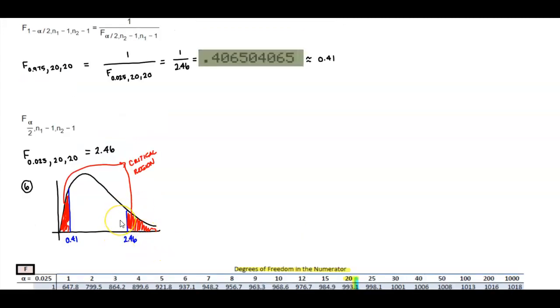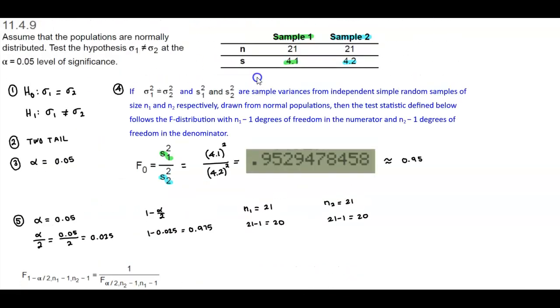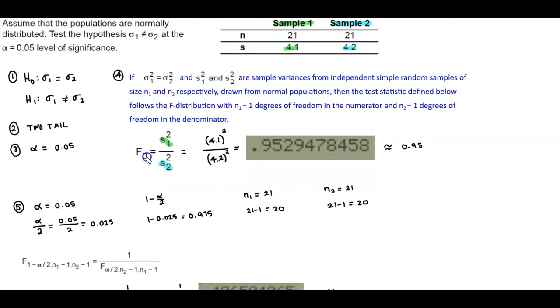Now let's form our conclusion for step number 7. In order to form our conclusion, we need to come back and take a look at the test statistic. So what is the test statistic? The test statistic that we found here is 0.95.